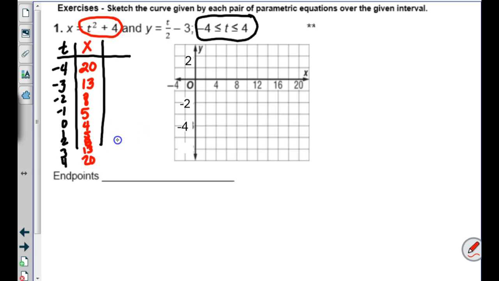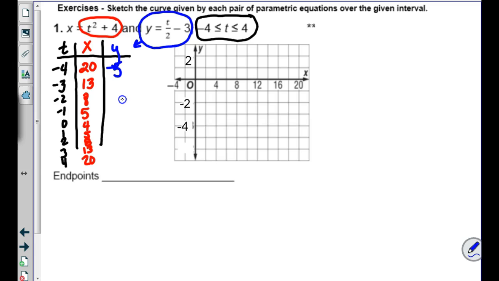Yeah, you can't even read that. All right, what are you supposed to do to find the y's? These aren't going to be pretty because you're supposed to do what? Yeah, divide by 2 and then subtract 3. So -4 divided by 2 would be -2 minus 3 would be -5.